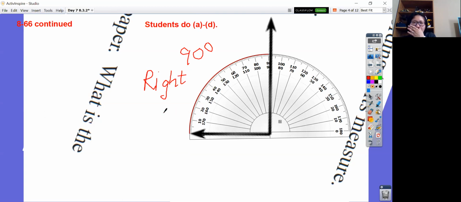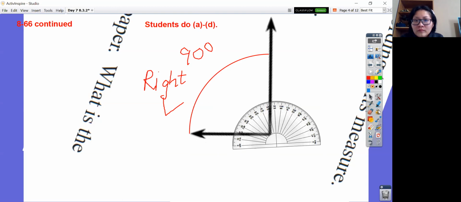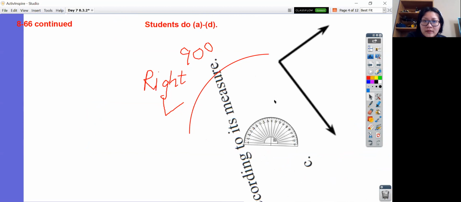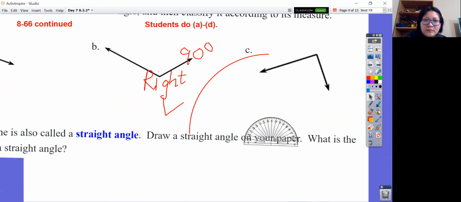This is your answer C. Moving on. Question D. I'm going to rotate the angle in the way that I want to. All right, rotate my textbook back.